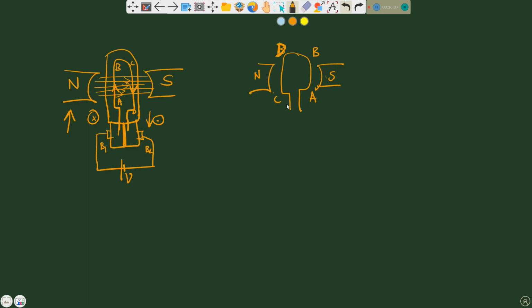So D to C under north pole. Therefore electromagnetic torque is in anti-clockwise direction because we are splitting rings, correct? So after half rotation we are changing the direction of current, so hence the torque is unidirectional with the help of split rings.